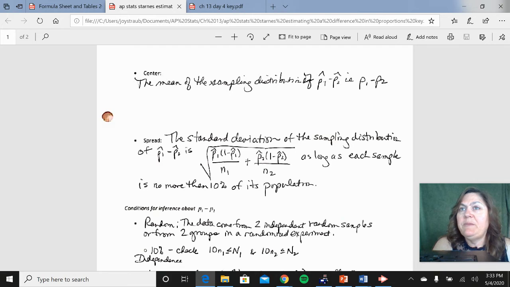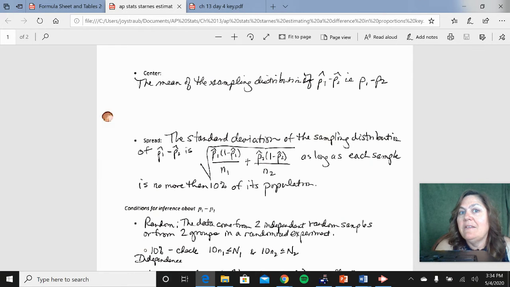The spread here, well, this is your new standard deviation of the spread. Again, this was the formula we looked at yesterday, the formula that's on your formula sheet. Using the p hats in there, that's the denominator of our statistic. So as long as each sample is no more than 10% of its population, then we can use this.